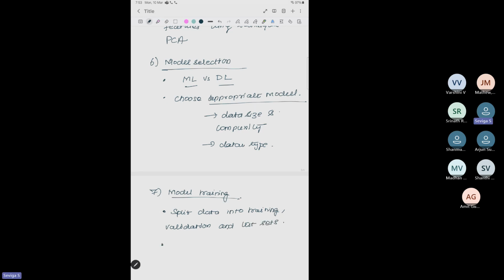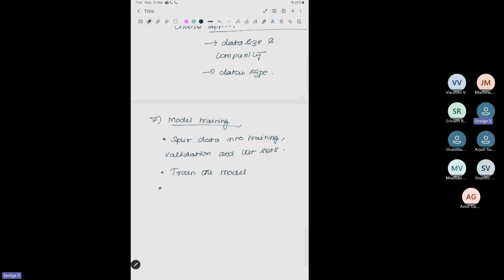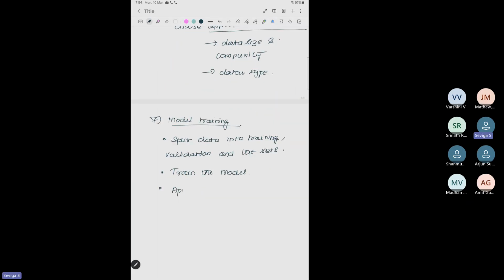So you can train the model using proper optimization techniques. We'll teach you certain optimization techniques in the upcoming classes. And then we have to apply optimization techniques and regularization techniques, which we will be teaching in the upcoming classes.